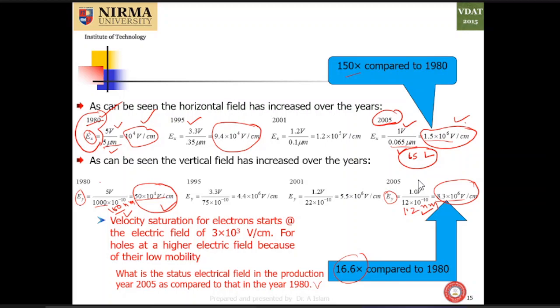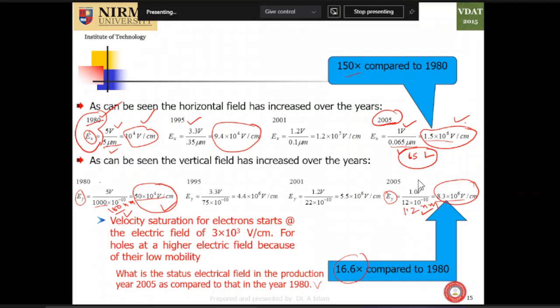Square root of 2. So even though scaling has been done vertically as well as horizontally, vertically meaning the oxide thickness has been reduced, and horizontally the channel length has been reduced, still there is a gap. It has not been done in the same proportionate way.